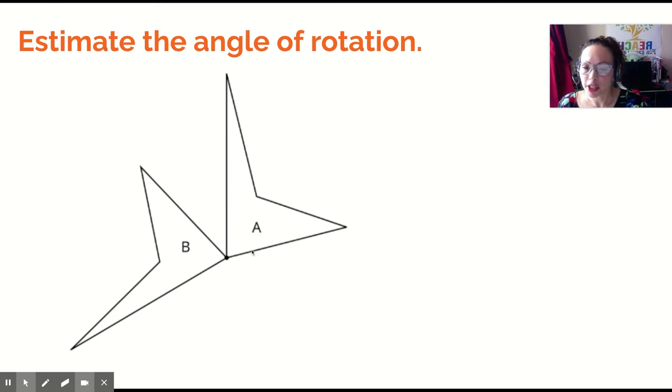Okay, so if we were trying to figure out what the rotation was, we would start with maybe this bottom line for A, and we would measure how far it had to go to get to that same corresponding line for B. So you might notice that it's a little bit more than 90 degrees from here to there. Okay, you might maybe estimate like 100 degrees.